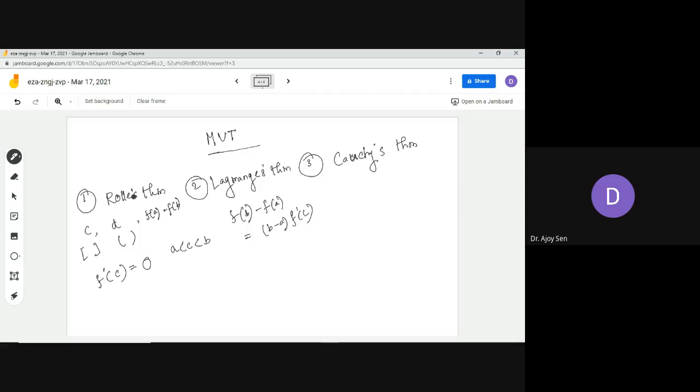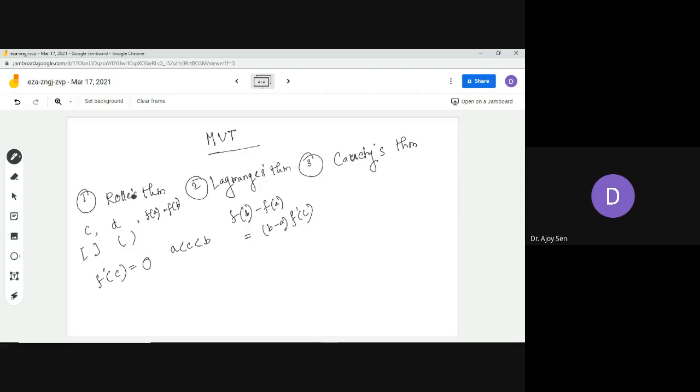But if you are able to do the proof of Lagrange's theorem without considering Rolle's theorem, only then can you say that Lagrange's theorem is more general than Rolle's theorem.